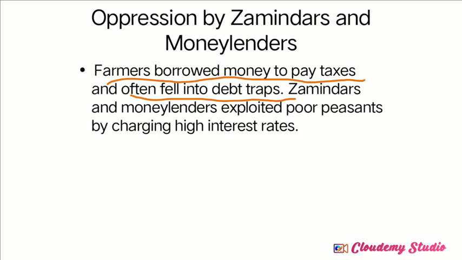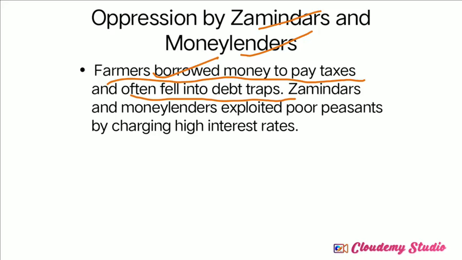So they found an alternative way to bring in money. They started to borrow money, taking loans from the zamindars and moneylenders. They provided loans to the poor people, but imposed a high interest rate.